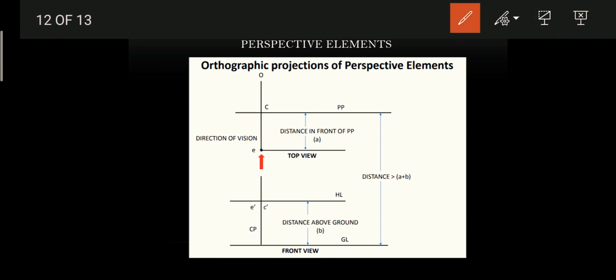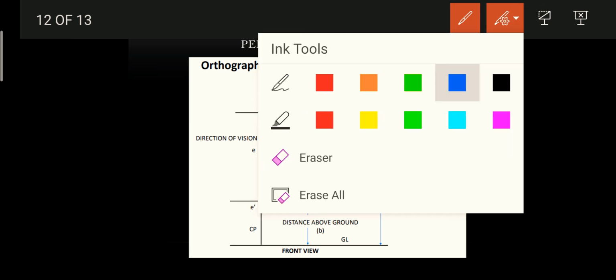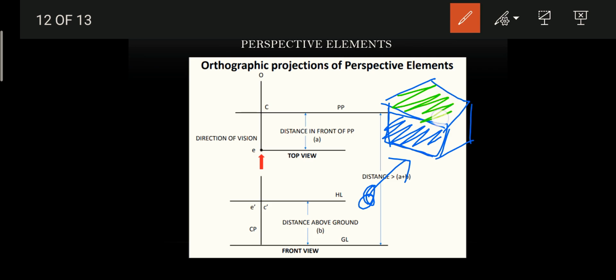Like, here is an object. If you are standing here and seeing this object, what you can see is the front view of this object, and this is the top view of the object.